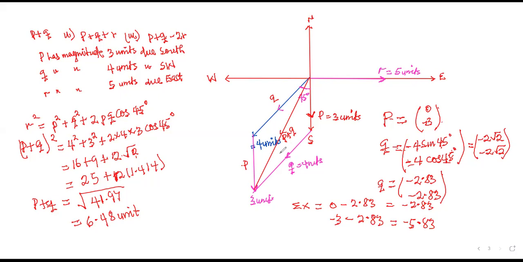So once we are looking for the magnitude of P plus Q, P plus Q will be equal to the square root of the sum of the squares of the x and y. So minus 2.83 squared plus minus 5.83 squared.